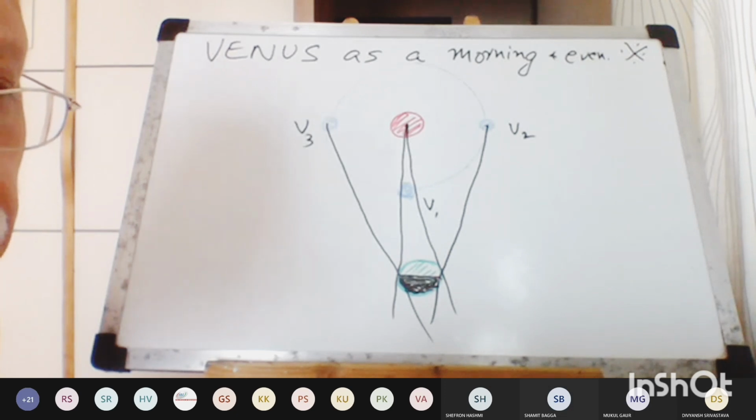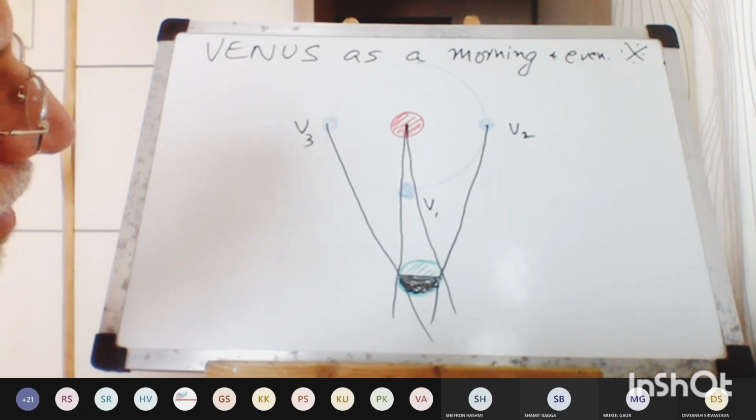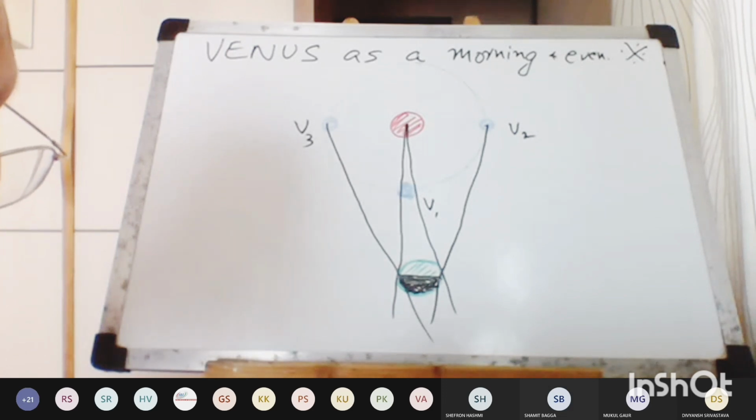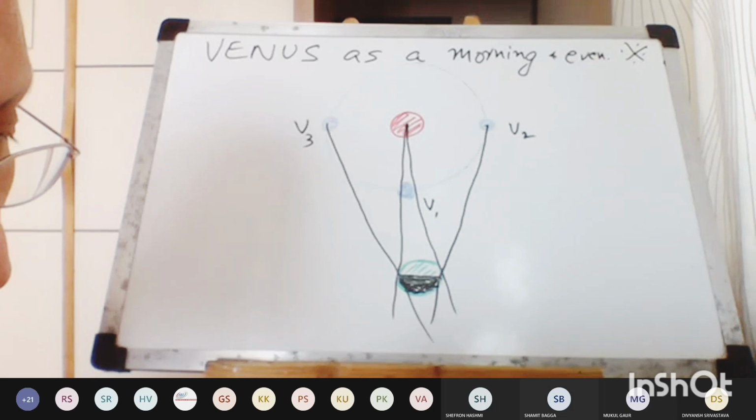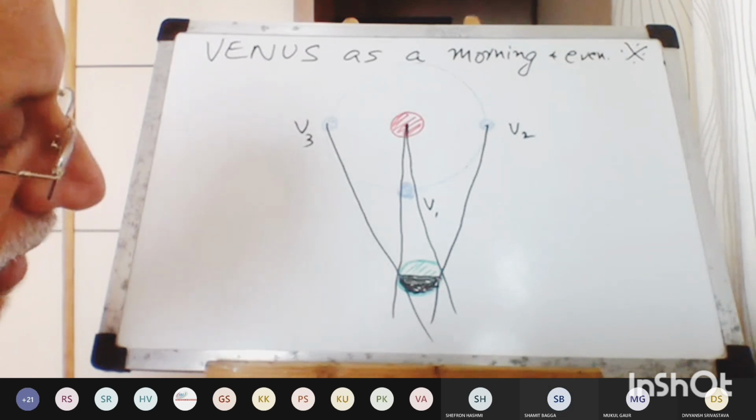They are in one line. The GHA will be the same. They are said to be in conjunction. So, if Venus is visible at that time, then Venus will rise with the sun and set with the sun. That concept you will understand in a few minutes.